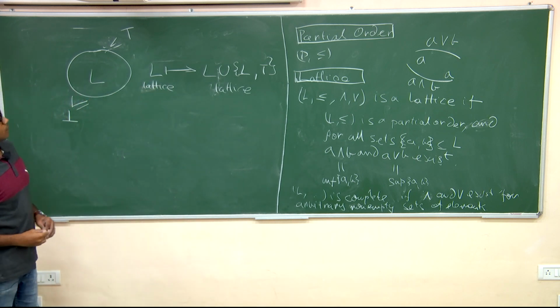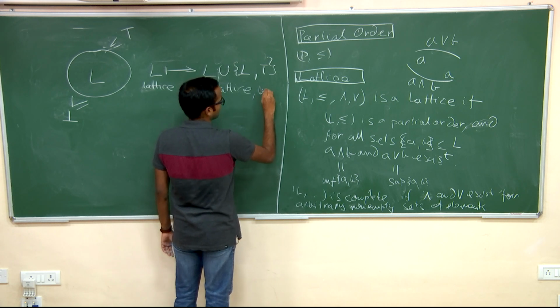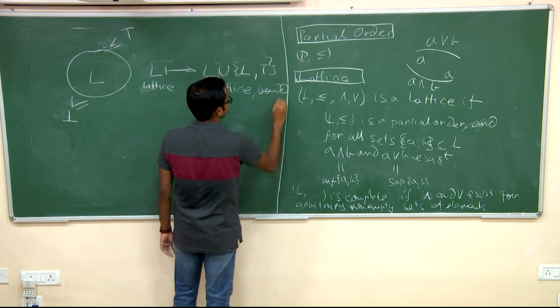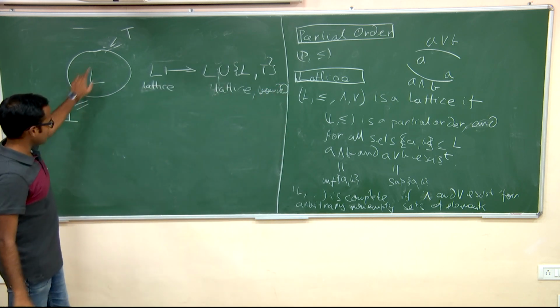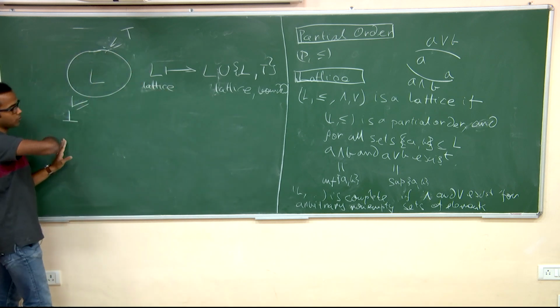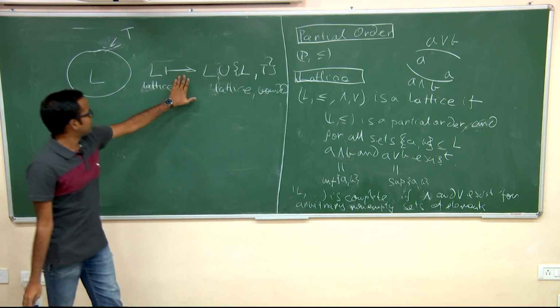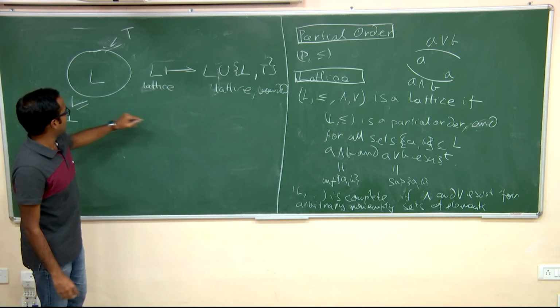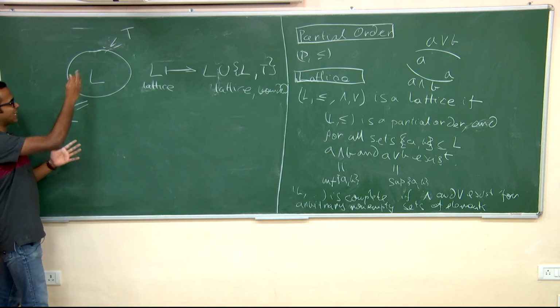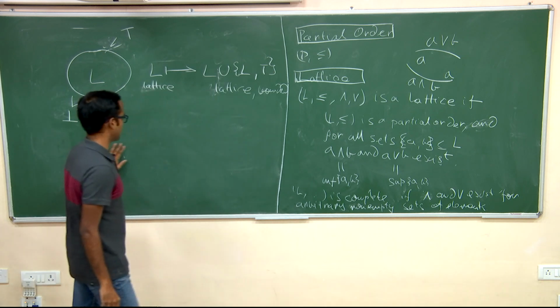So this kind of lattice is called a bounded lattice. There is an upper bound and a lower bound, so it's called a bounded lattice. And this is nothing special. We're just adding two elements and you can extend the partial order to these two elements. Nothing changes, and it's not anything hard to do.